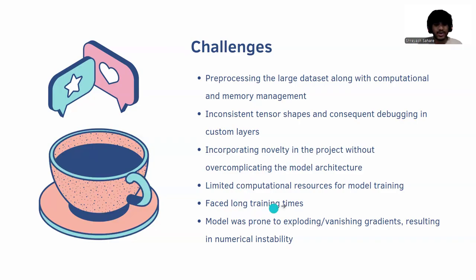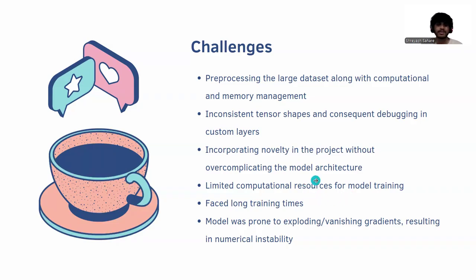I also faced long training times, which I tried to deal with by optimizing the pipeline with mixed precision, which basically dynamically sets the data types differently for algebraic operations like matrix multiplications and gradient calculations, which usually require 32-bit data types.